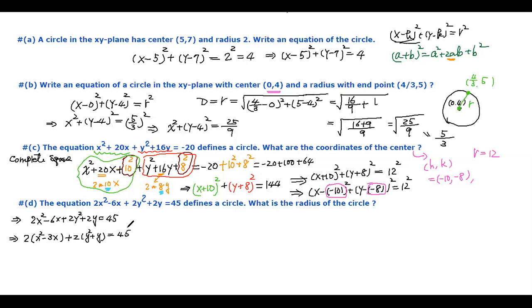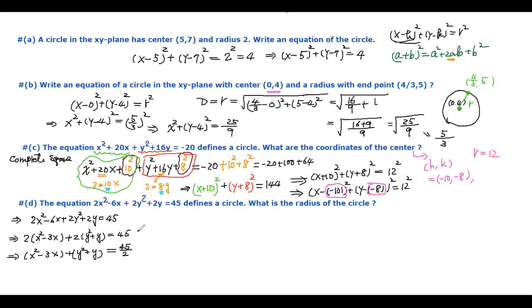So far, so good? Okay. All right, so now the next thing, I can divide both sides by 2. So this is x squared minus 3x plus y squared plus y, and this is 45 divided by 2.